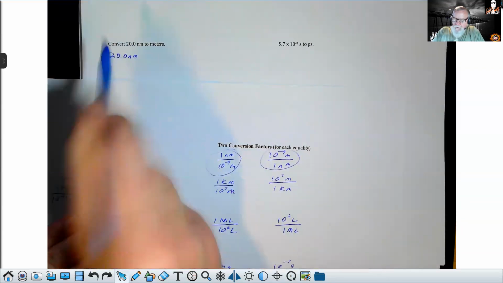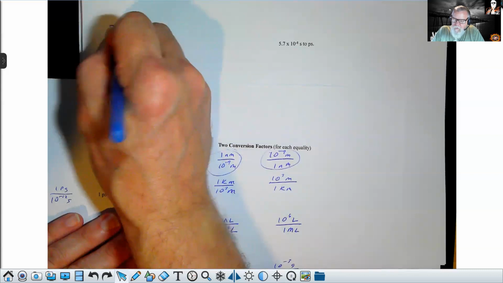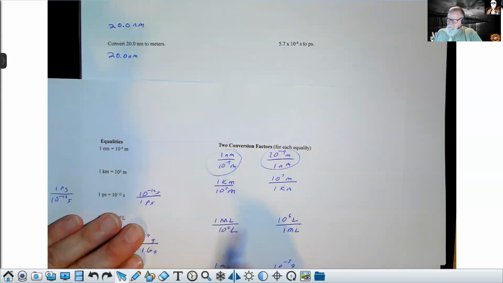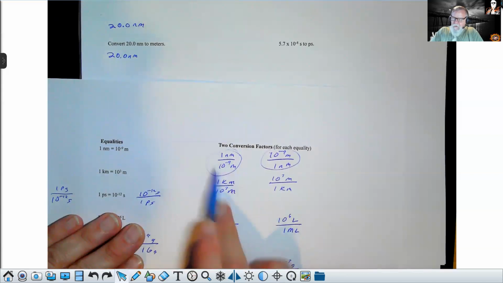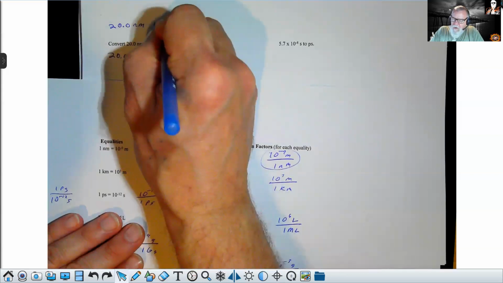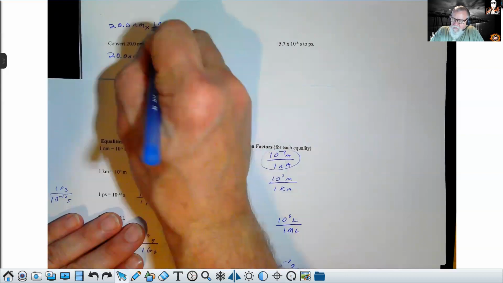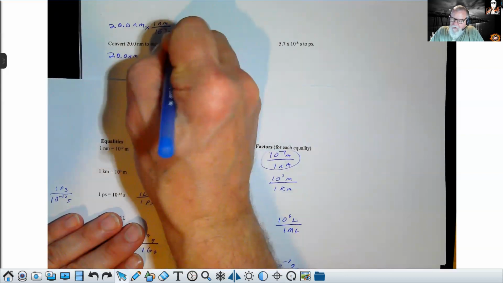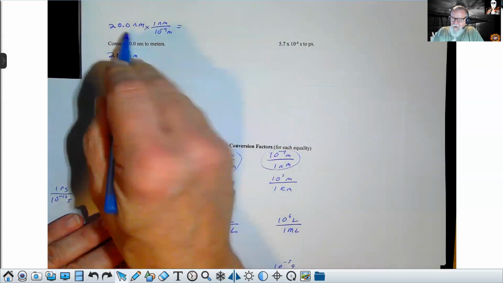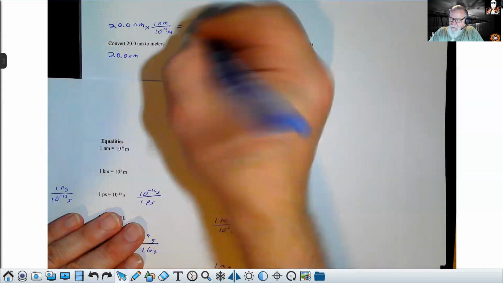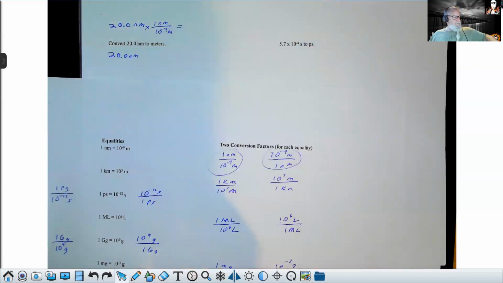So up here, I'm going to do it the wrong way. 20.0 nanometers, if I multiply it by this conversion factor, 1 nanometer per 10 to the negative 9 meters, my nanometers will multiply by each other, and let's just do the calculation here.